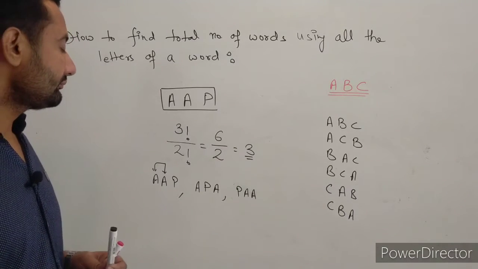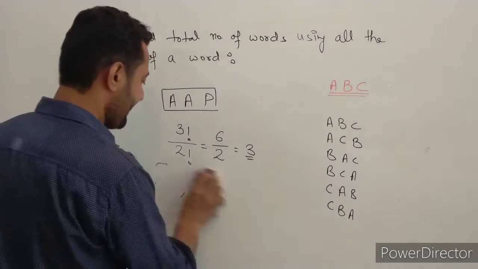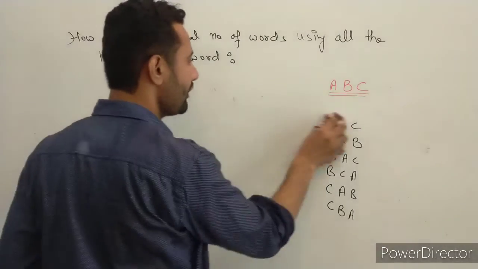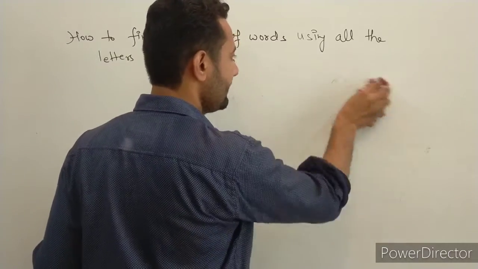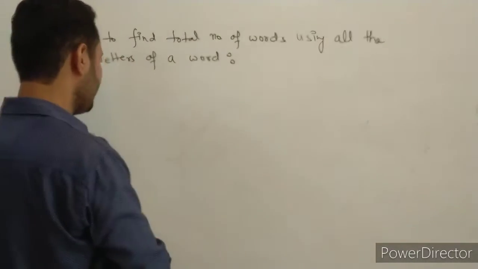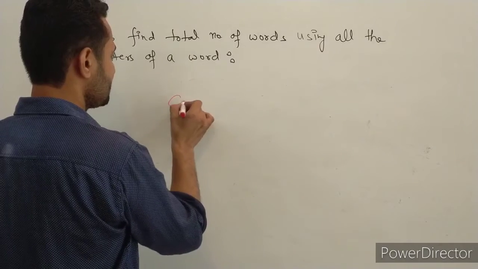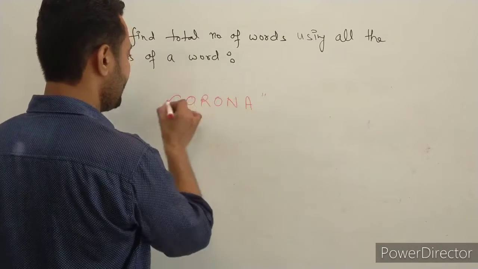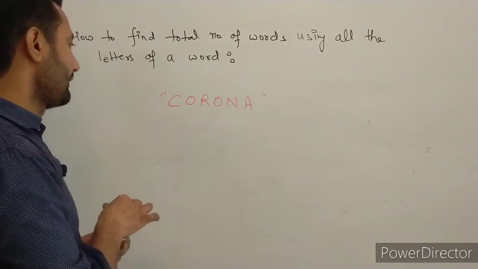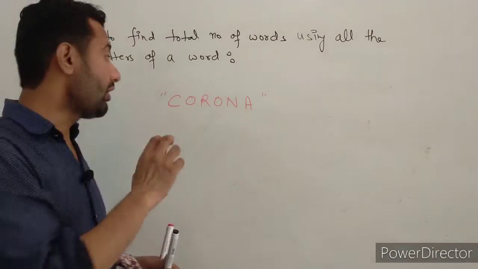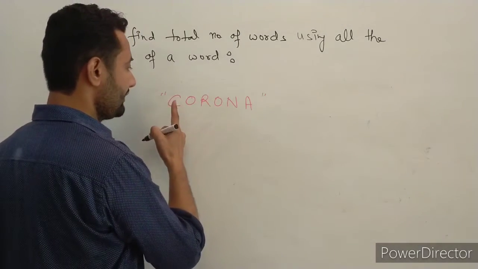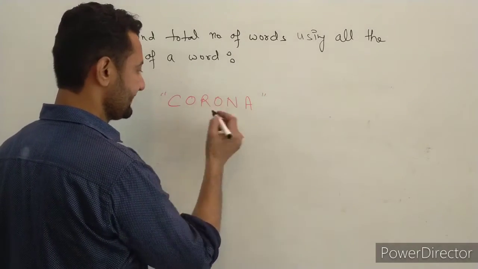Similarly, if we have a word corona, C-O-R-O-N-A, then how many words can be made using all the letters of the word corona? 1, 2, 3, 4, 5, 6.